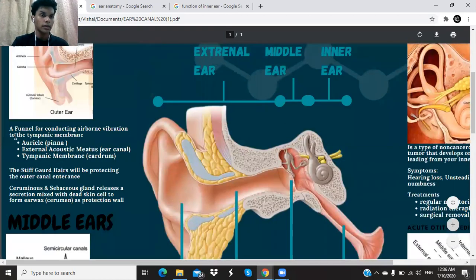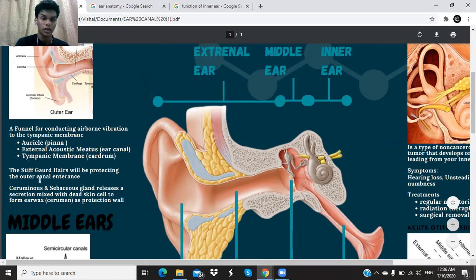The external ear is a funnel for conducting airborne vibration to the tympanic membrane, and it contains the pinna, the external acoustic meatus, which is the ear canal, and the tympanic membrane, which is the eardrum.